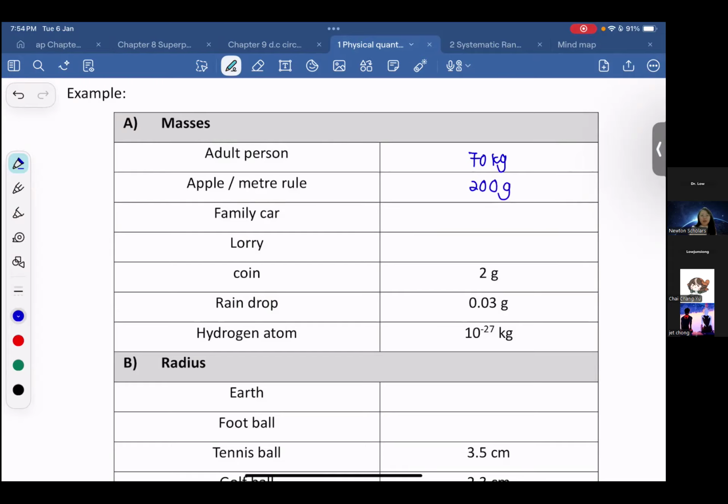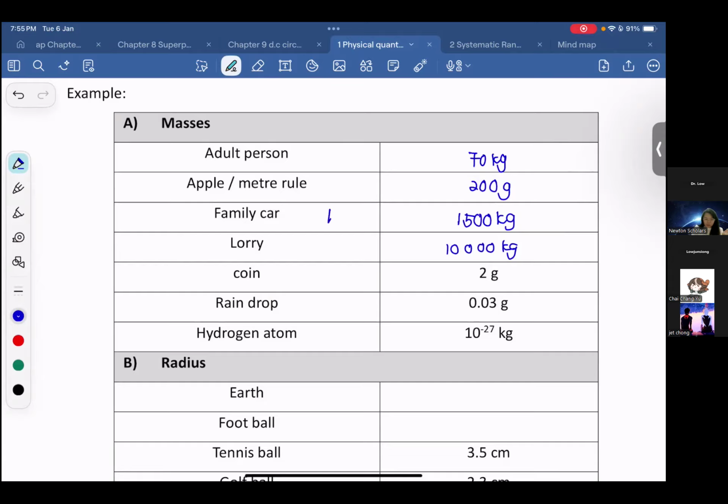A family car is roughly 1,500 kg. A lorry here is roughly 10,000 kg to 20,000 kg. Here I can help you with some memorizing: a person is 10 power of 2, 60 to 80.